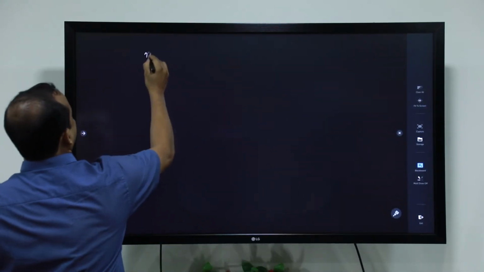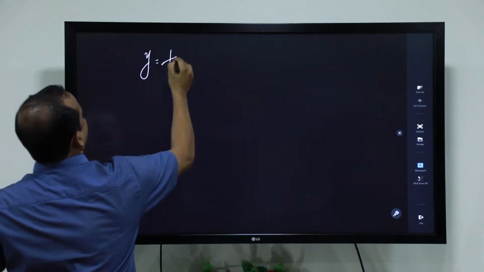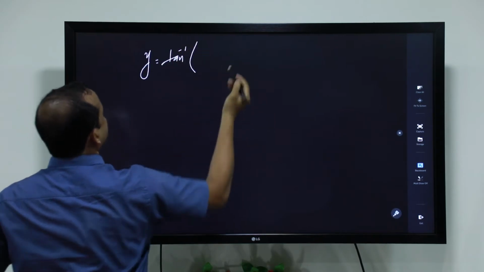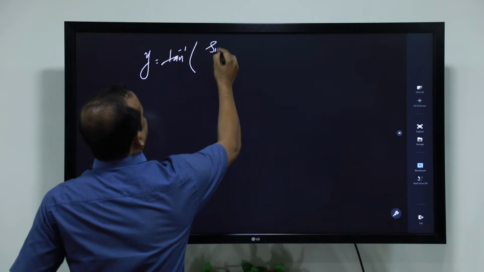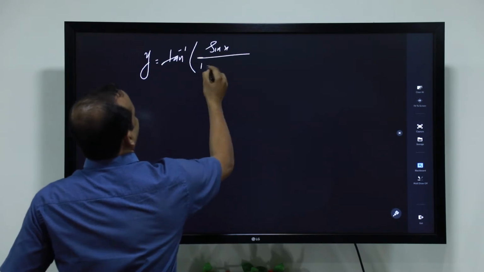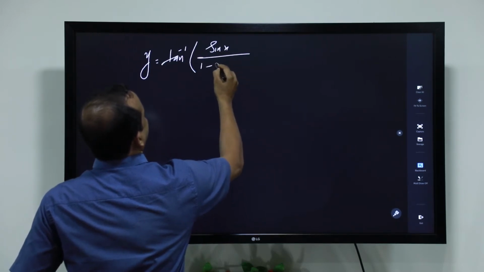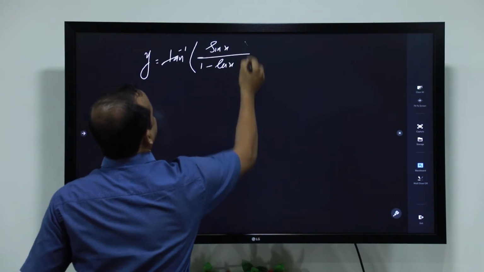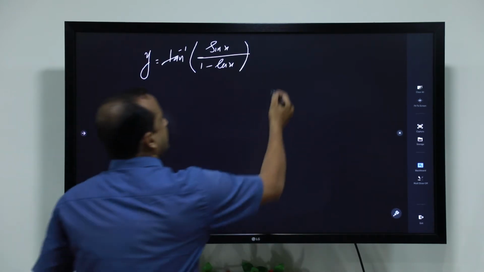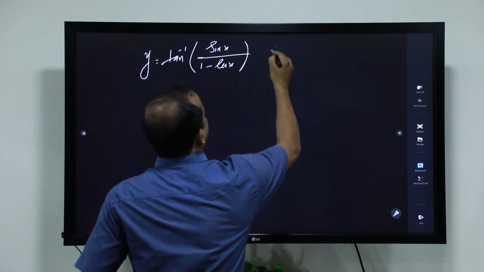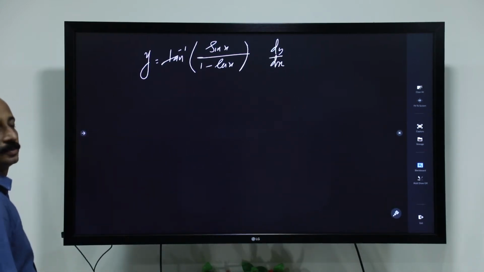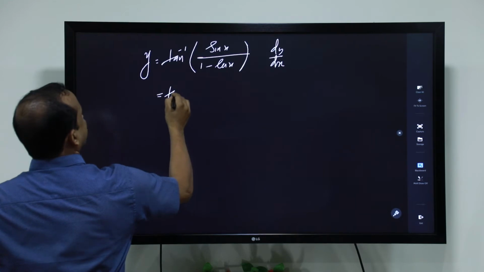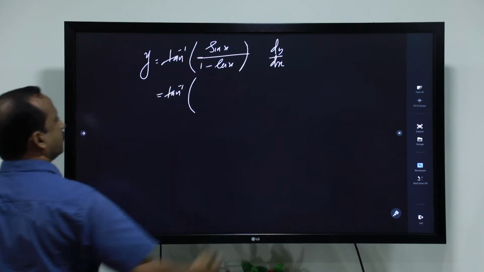I will do one more question. Simplify y is equal to tan inverse of sin x divided by 1 minus cos x. Hence find its derivative dy by dx. That is y is equal to tan inverse of sin x by 1 minus cos x.